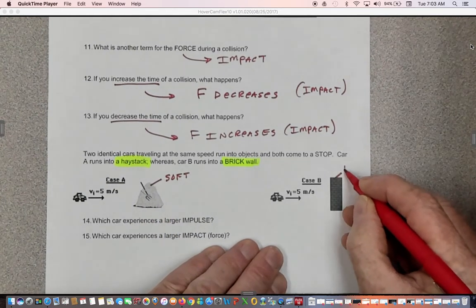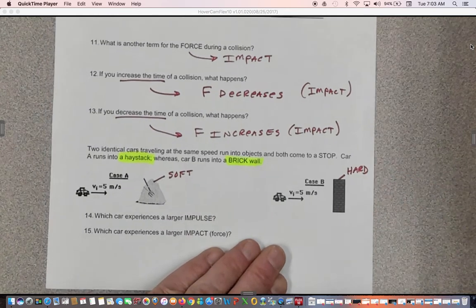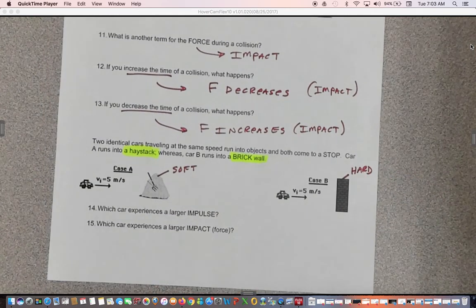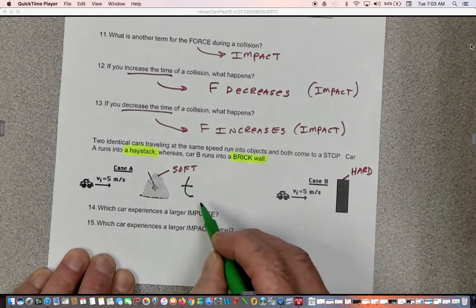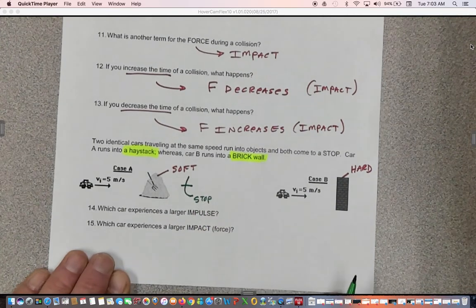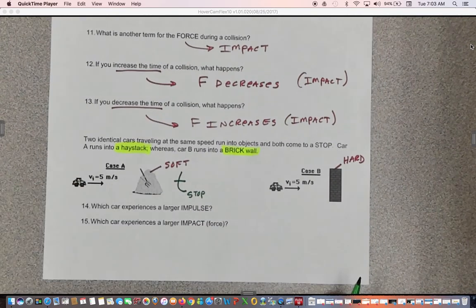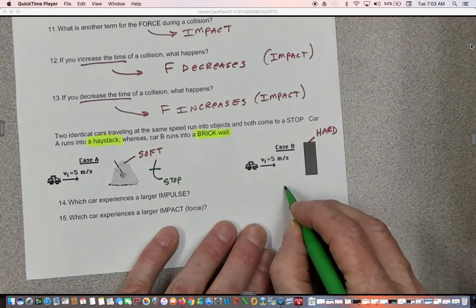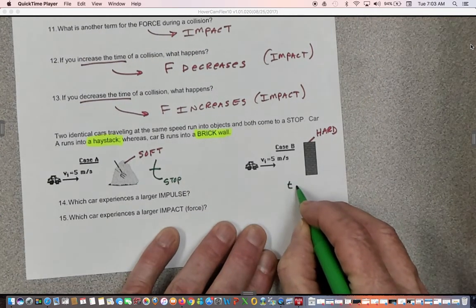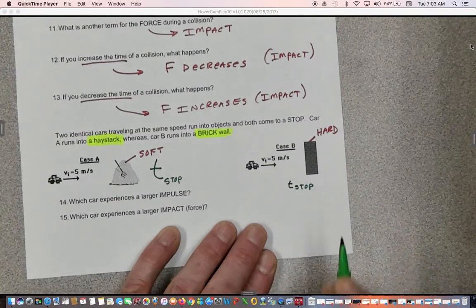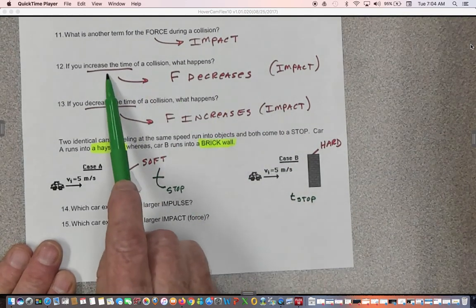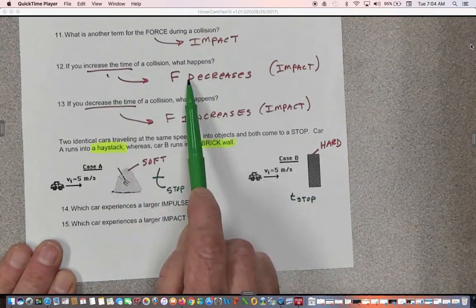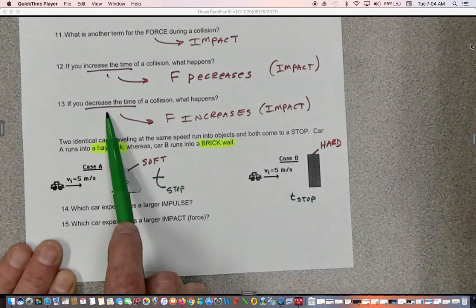Brick walls are hard. There's no other way to describe it. If you have a soft object you're going to hit, you have a big time to stop. It's going to take a long time to stop you with a soft object. Here, you're going to have a short, small time to stop. And what's the rule? Right up here. If you have a big time, you have a small F. If you have a small time, you have a big F.